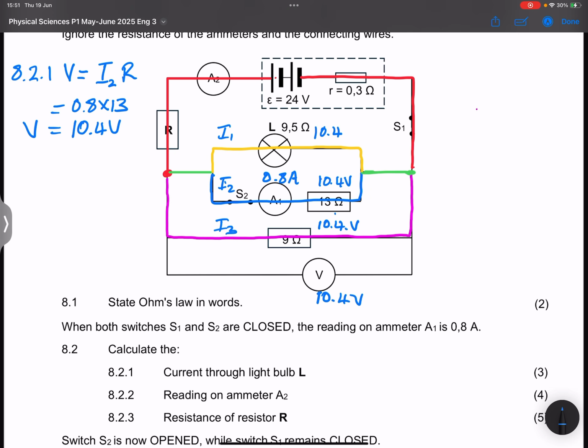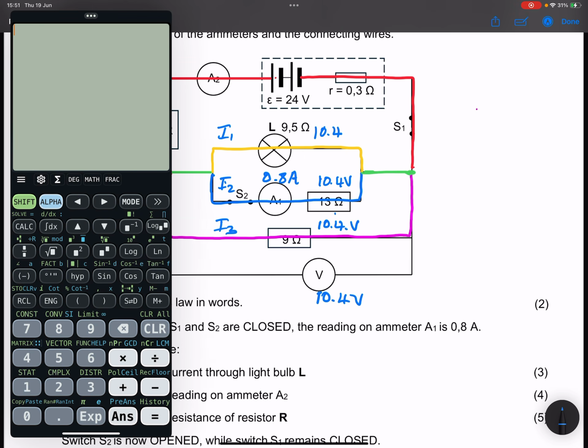So now we can find out what our current I1 is, the yellow current. That's going to be V, the voltage across our parallel, divided by the resistance of light bulb L. In this case, we've got 10.4 divided by 9.5, and that gives us 1.095.